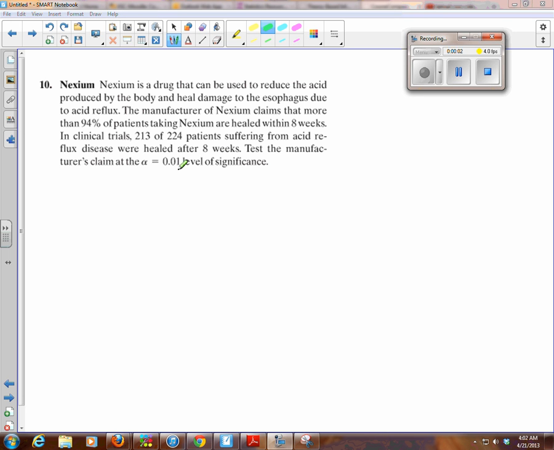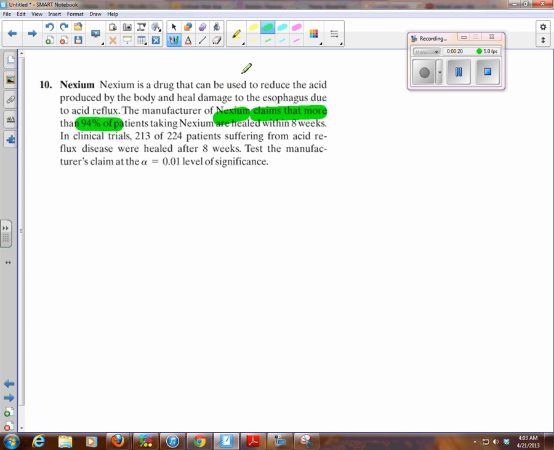So we're trying to figure out if the Nexium does heal people like it claims. Let's see, Nexium is a drug. It's the main claims: more than 94% of people take Nexium and heal in the 8 weeks.